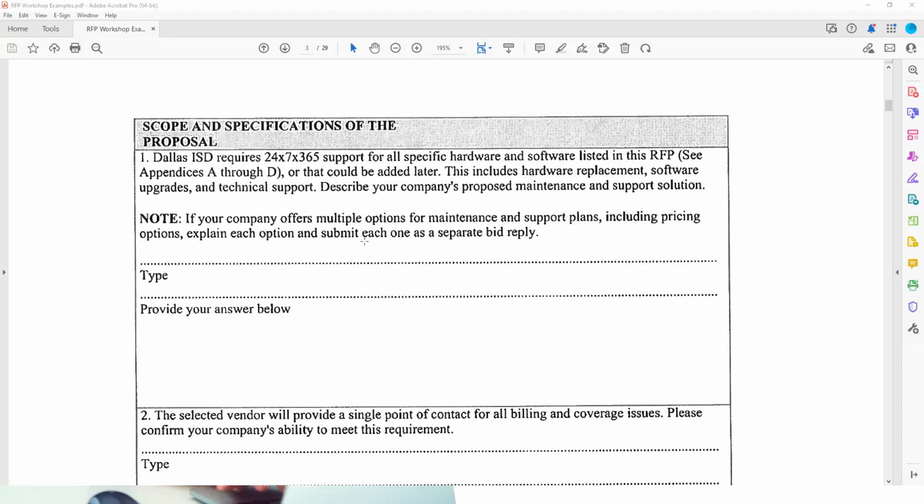So these are some of the things that you have to take into consideration before you respond to an RFP. You have to make sure that your business can provide the services or products that the district is requiring. Remember, problem, solution. So they're basically telling you what you have to offer.